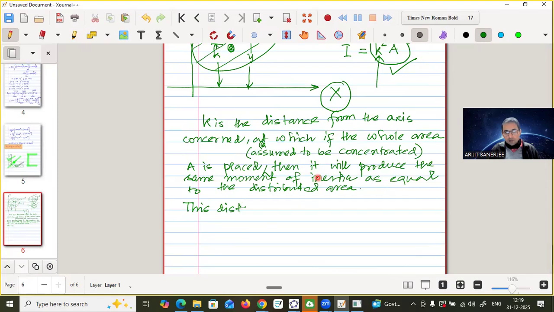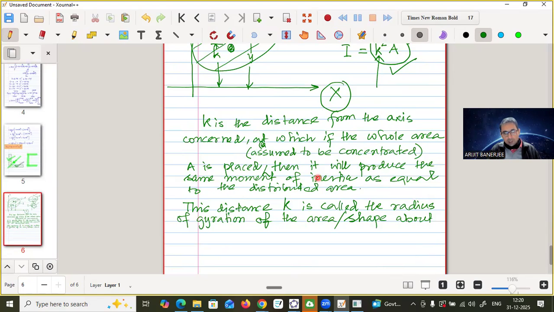This distance k is called the radius of gyration of the area or shape about that axis.